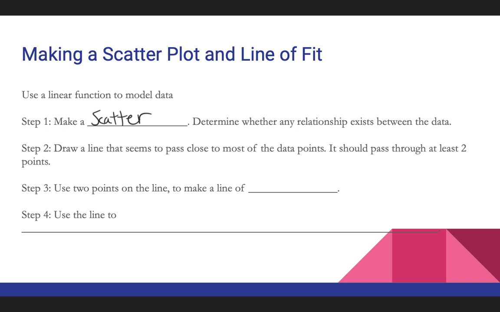So we use 2 points on the line to make a line of fit, and we can use the line of fit to predict outcomes. As you get further into statistics, you will be able to tell if that line of fit is accurate or not based on some other factors, and using a digital calculator is really helpful for that. But for now, we are just doing this by hand on our own.